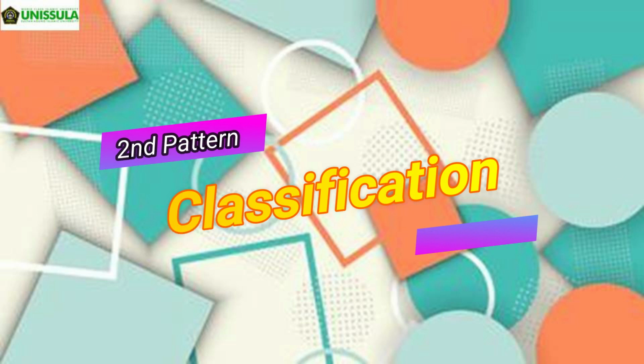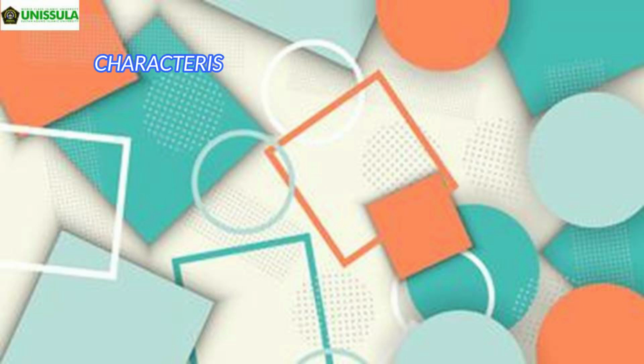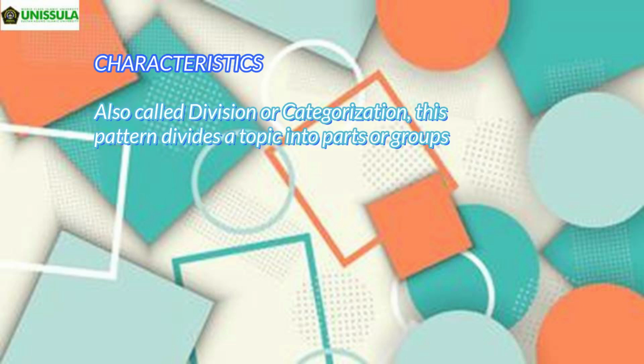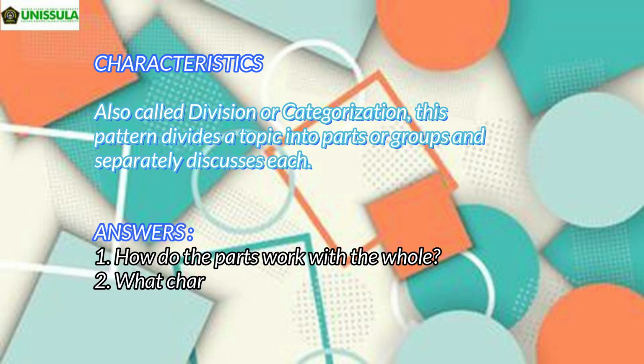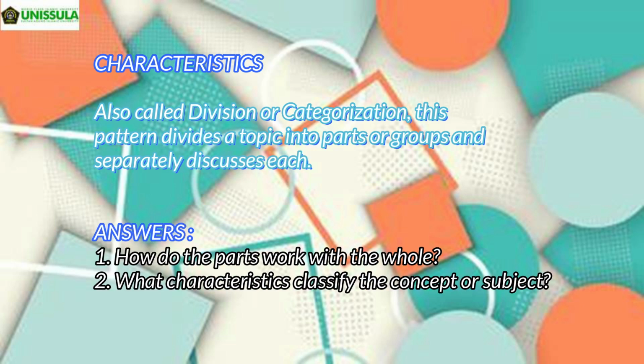Okay, now we come to the second pattern of organization, that is classification. The classification pattern is also called a division or categorization pattern. This pattern divides a topic into parts or groups and discusses each separately.